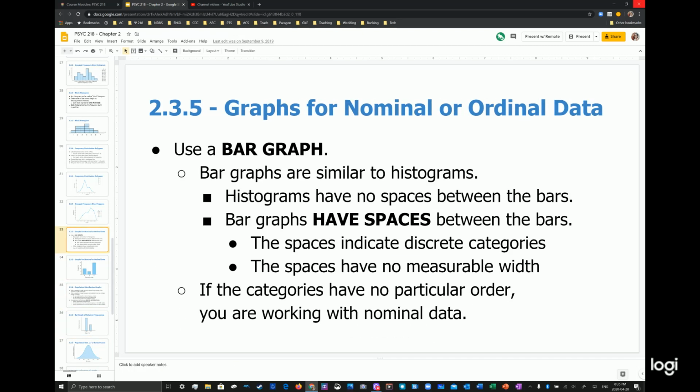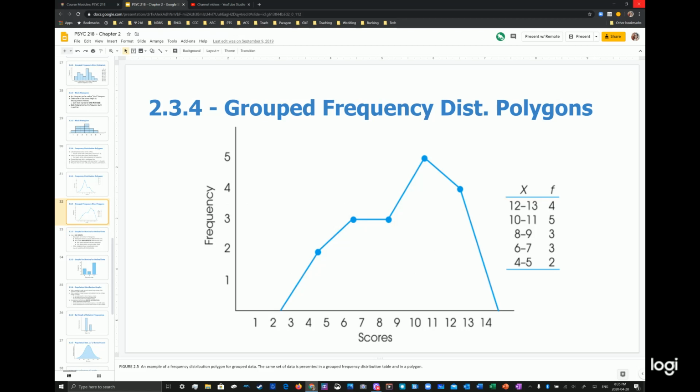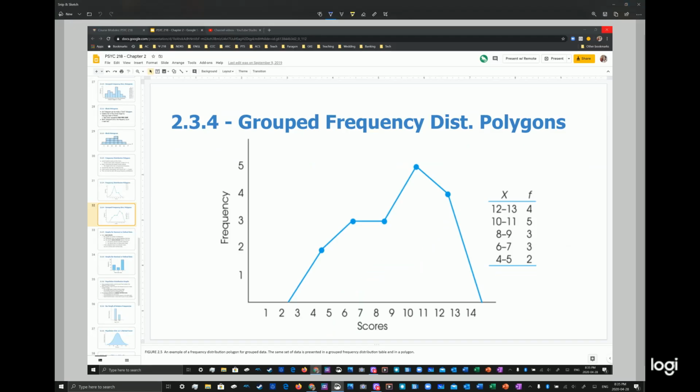But before we get to curves, and just to review the group frequency distribution polygon here, you can see that, again, for your groups, we can always do the real upper and lower limits for these for our groups, following the same logic.